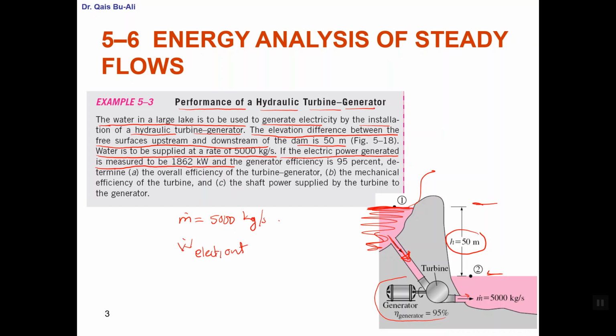And the generator efficiency is 95%, which is the same as 0.95. Okay, what is he looking for? Determine the overall efficiency of the turbine generator, the mechanical efficiency of the turbine, and the shaft power supplied by the turbine.